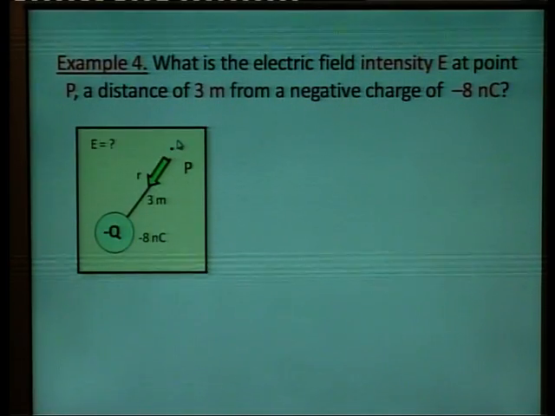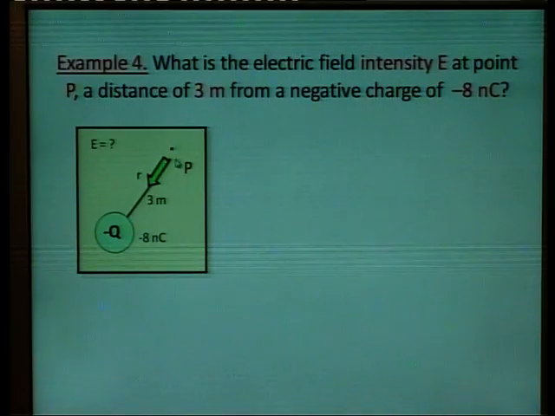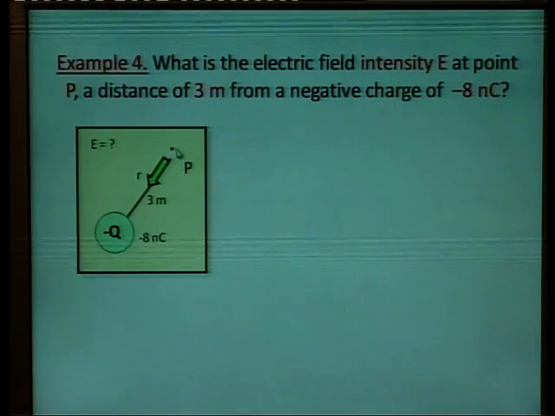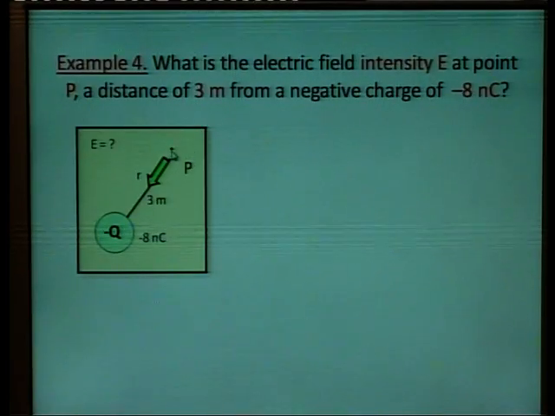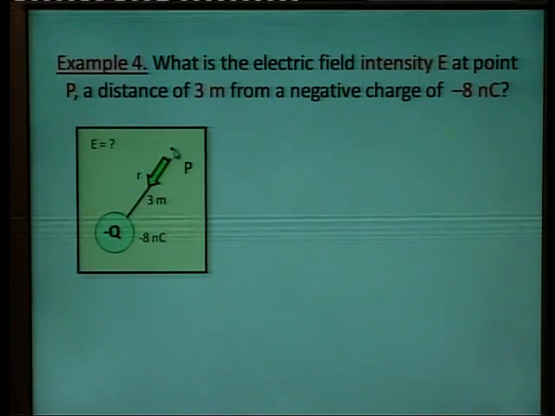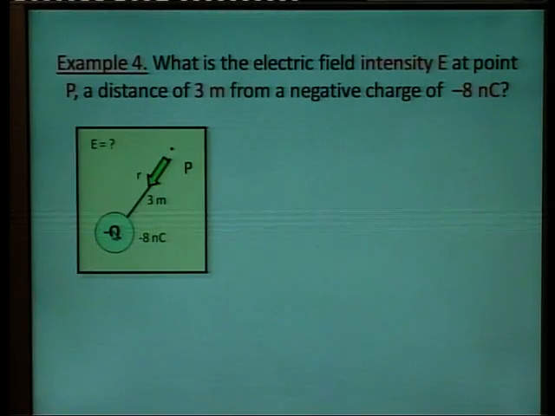We imagine that a unit positive charge is placed at this point. Imagine that there is a unit positive charge here. So, as it is a unit positive charge, it will be attracted towards minus q. So, electric field here will be towards the charge shown by this green arrow.